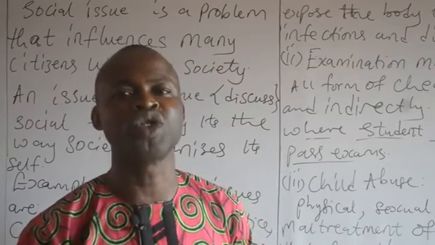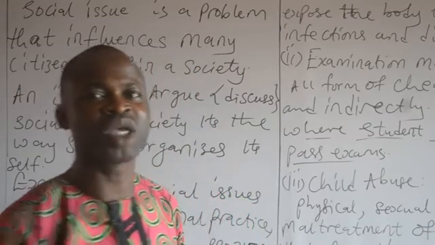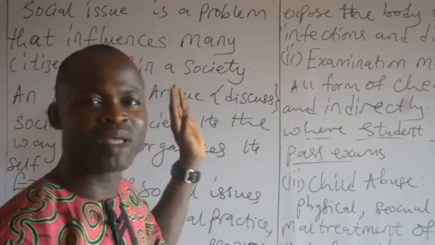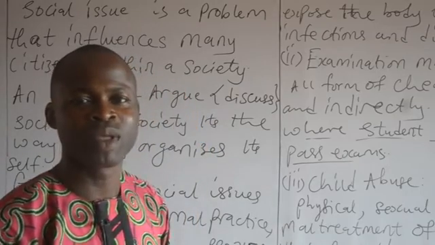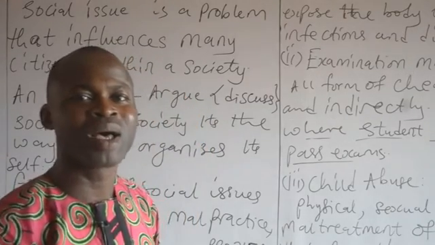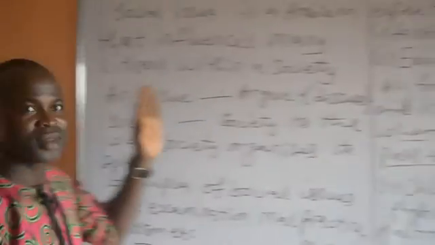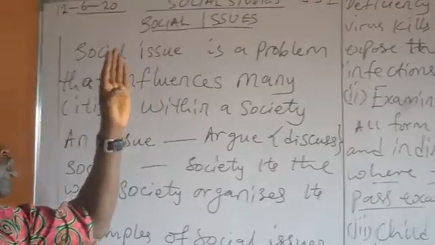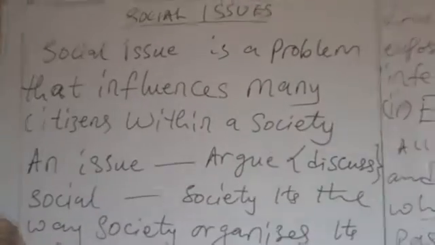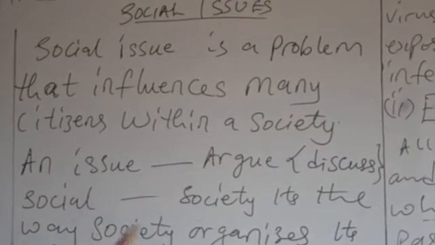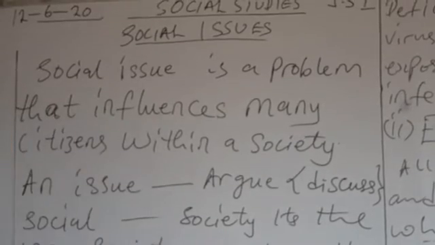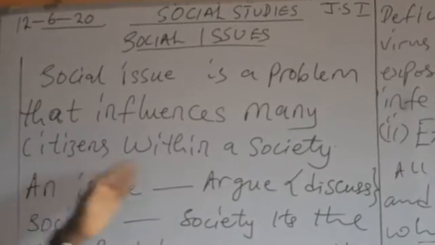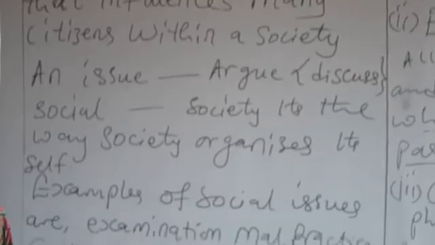Why is it called social issues? Just as you can see right behind me on the whiteboard, social issues are also known as problems. A social issue is a problem that influences many citizens within a society.